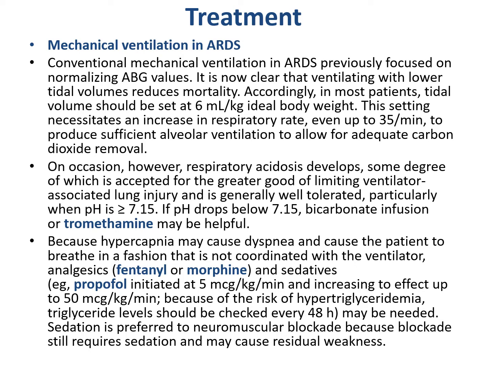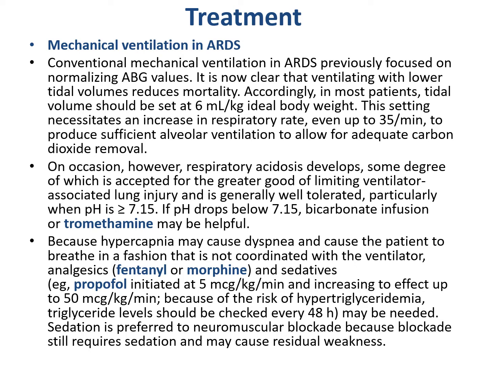On occasion, however, respiratory acidosis develops, some degree of which is accepted for the greater good of limiting ventilator-associated lung injury and is generally well tolerated, particularly when pH is more than 7.15. If pH drops below 7.15, bicarbonate infusion or tromethamine may be helpful.